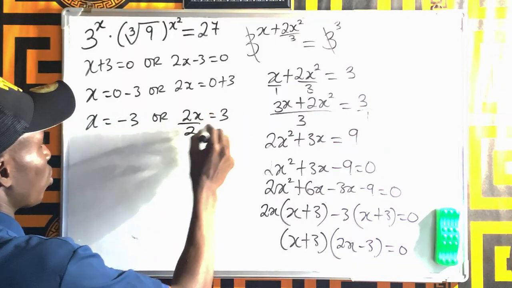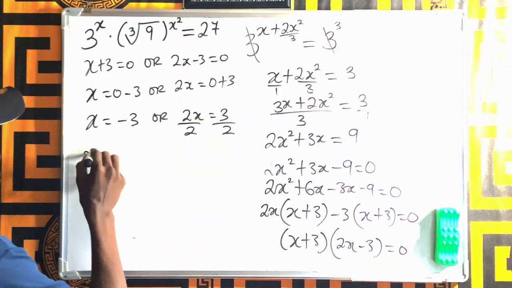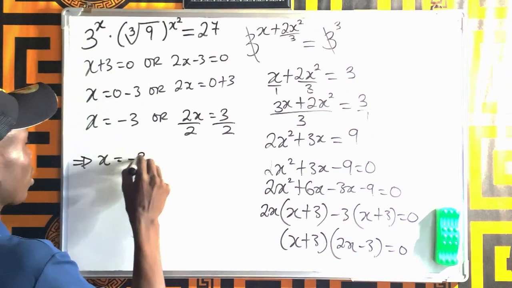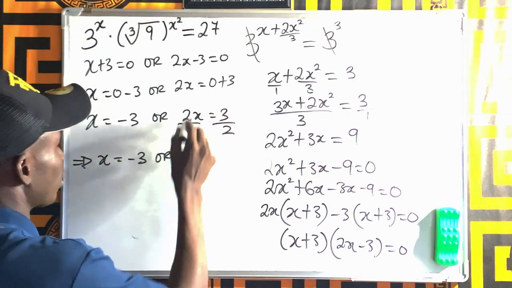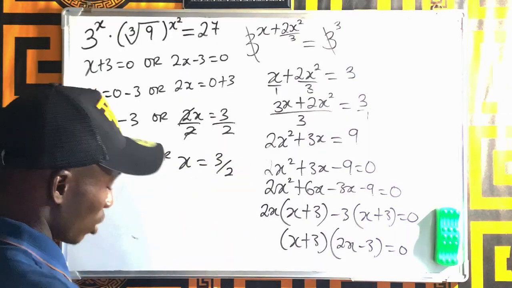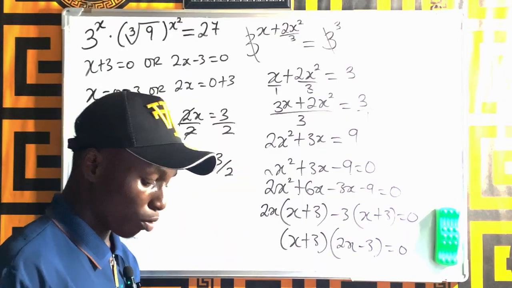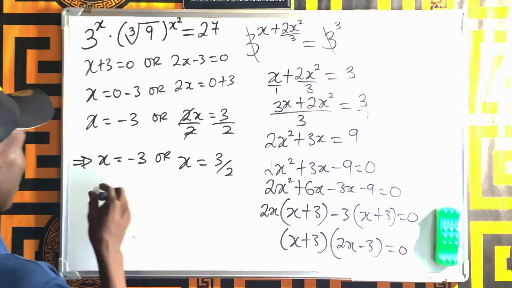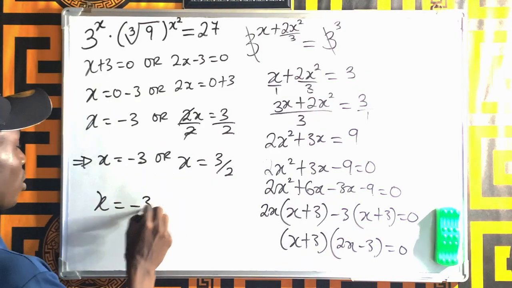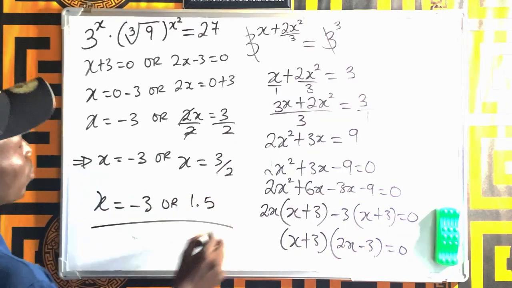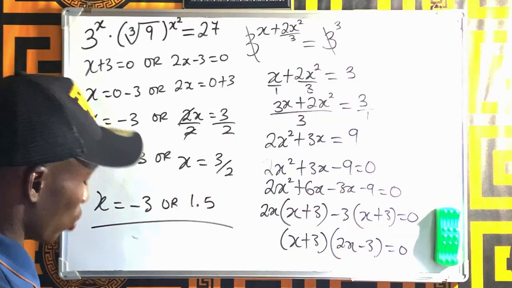Dividing by 2 on both sides, x is equal to minus 3, or x is equal to 3 divided by 2, which can also be seen as 1.5. So x is equal to minus 3 or 1.5. This is the value of x for this particular problem.